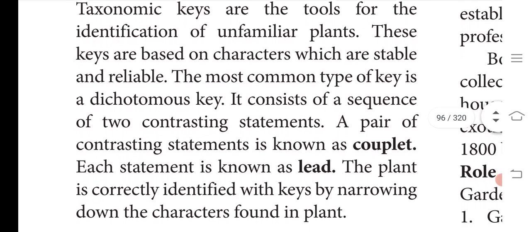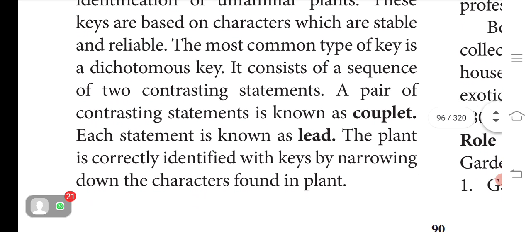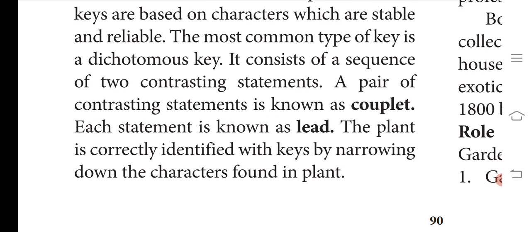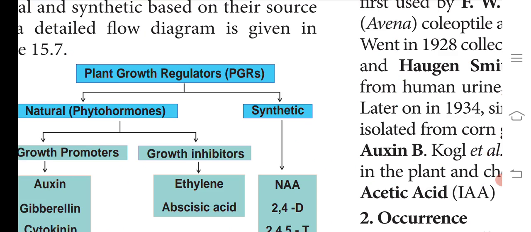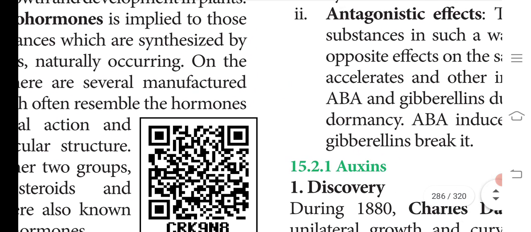It consists of a sequence of two contrasting statements. A pair of contrasting statements is a couplet. Each statement is known as a lead. The plant is correctly identified with the keys by narrowing down the characters found in the plant. What could be the characters found in the plant? You can just see the plant and say what that plant is.